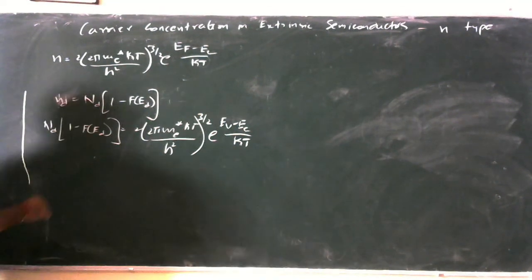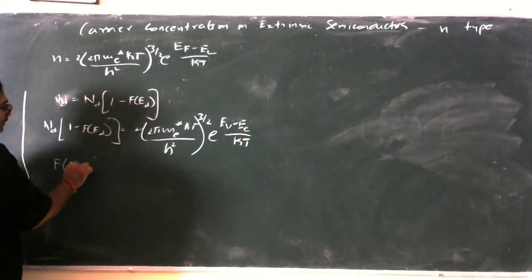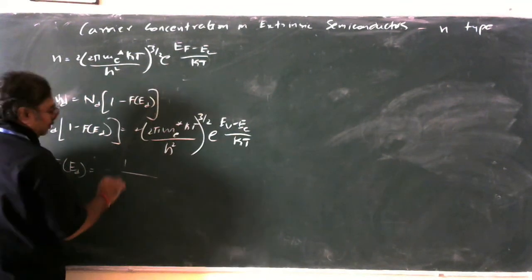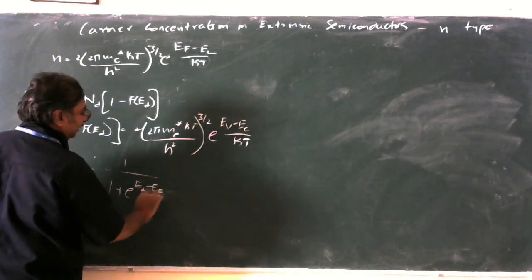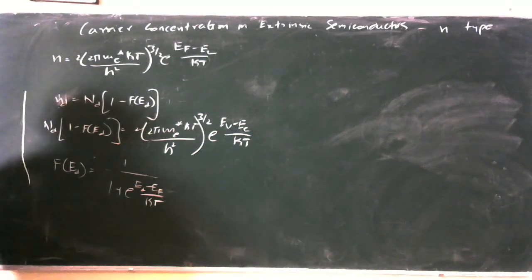First, let us see what f of Ed is. f of Ed is given by 1 by 1 plus exponential of (Ed minus Ef) by kT. And what is 1 minus f of Ed?